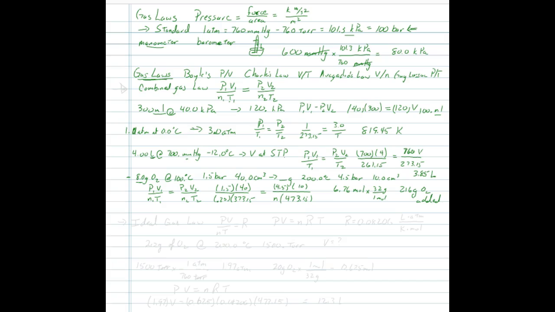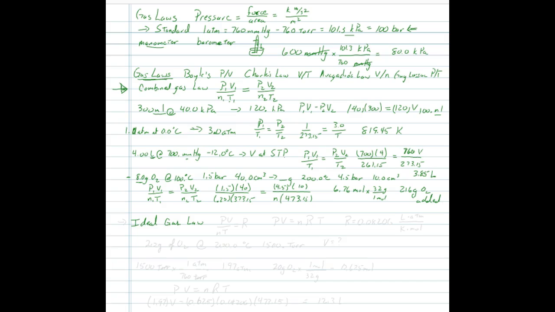The last thing for this set of problems is the ideal gas law. The combined gas law is used if you have two different conditions, 2 volumes, 2 liters, 2 temperatures.